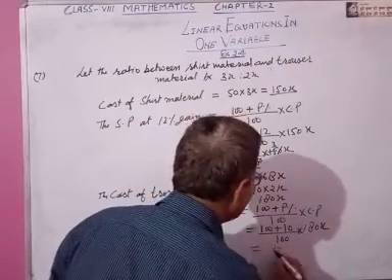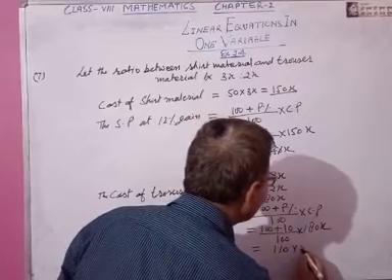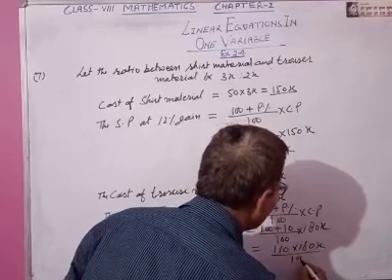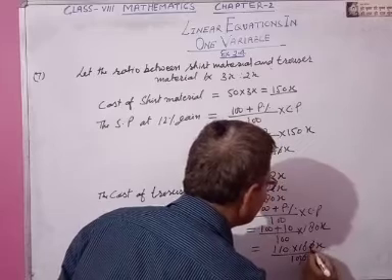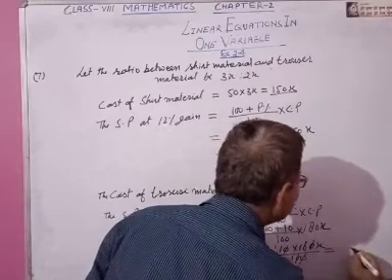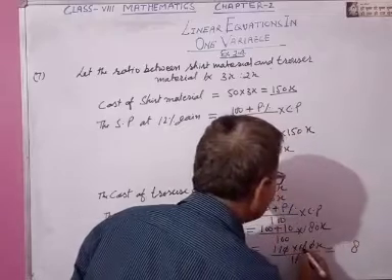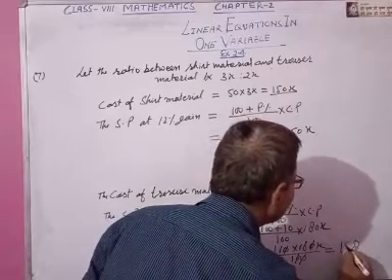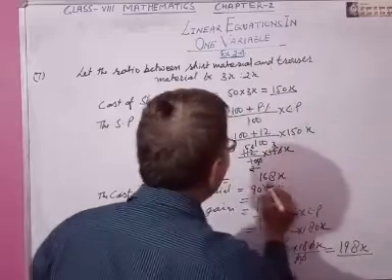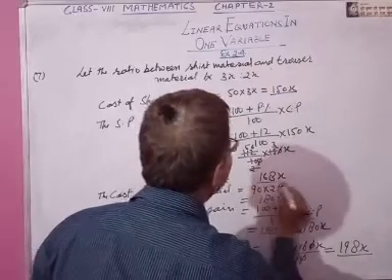Now 110 multiplied by 180x upon 100. Zero cancels zero. 11 times 8 is 88, 11 times 1 is 11, plus 88 gives 198x. These are the selling prices.